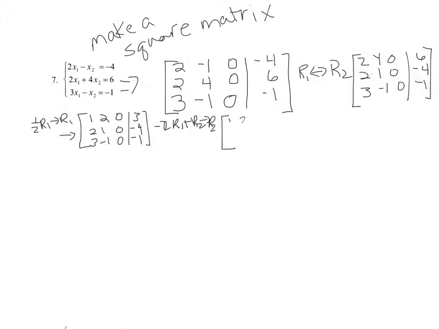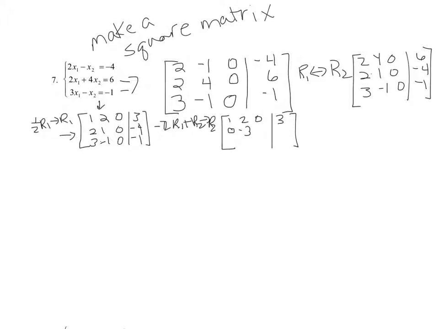Alright, first row is good. Second row, if I multiply negative 2 times row 1, negative 2 times 1 is negative 2, and negative 2 plus 2 is 0. Negative 2 times 2, I'm now on the second element in this row, negative 2 times 2 is a negative 4, and negative 4 plus 1 is a negative 3.